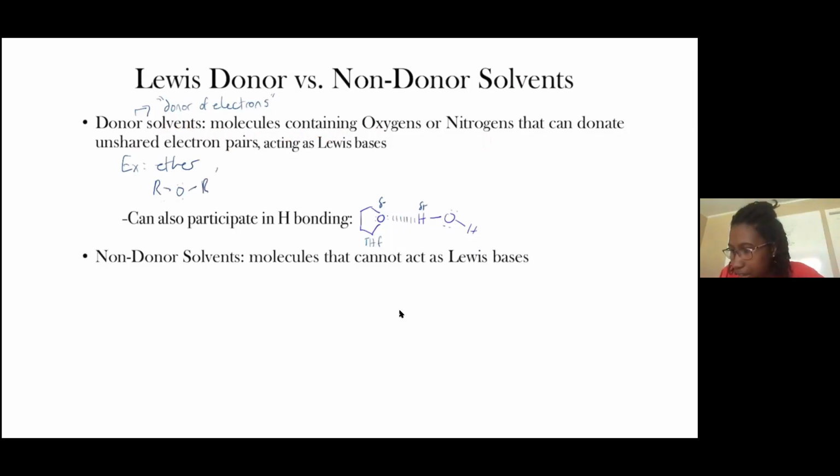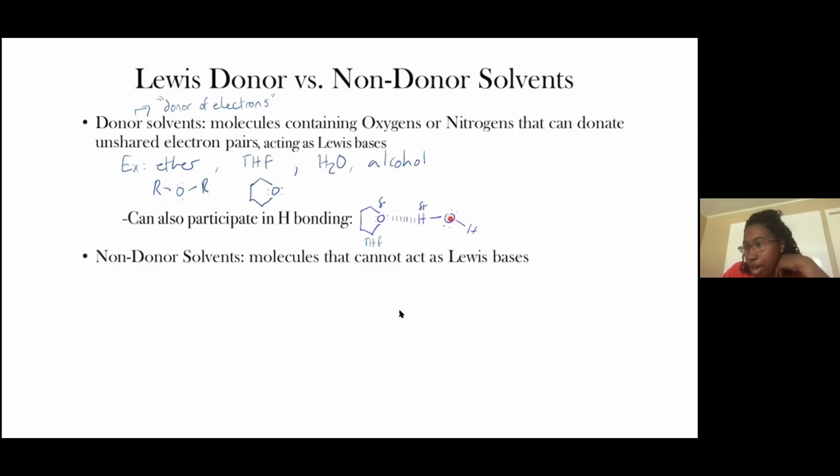We have THF, which looks kind of like hexane, except it has an oxygen right here. And then we have H2O and other alcohols, which, as you probably remember, also have an oxygen that can have unshared electron pairs that act as Lewis bases.